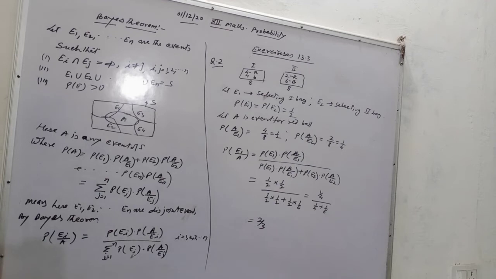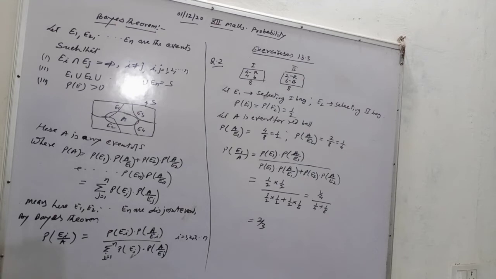So again, listen to what Bayes theorem is. If there are many events E1 to En and one more event A connected to E1, E2, E3 and En, then the probability of occurrence of a particular event, you can take E1, P(E1/A), means the probability of occurrence of E1 with respect to A, is equal to P(E1) into P(A/E1) upon the total.